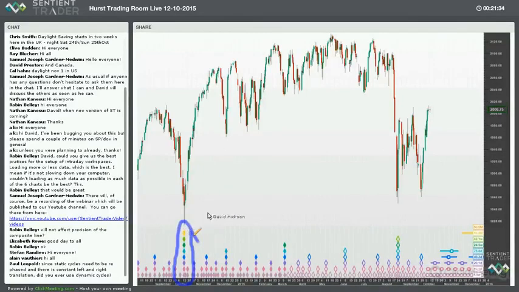The troughs of the cycles in a Hurst cycles analysis are marked by means of diamonds at the foot of the chart, and the diamonds are color-coded in Sentient Trader, and the yellow diamond is the trough marker for the 18-month cycle.